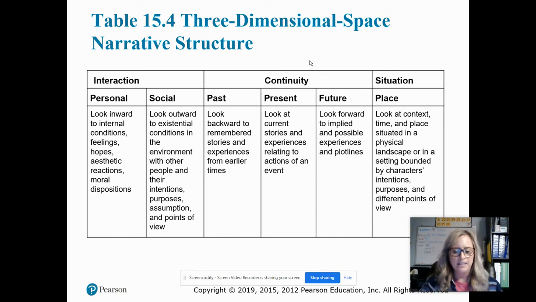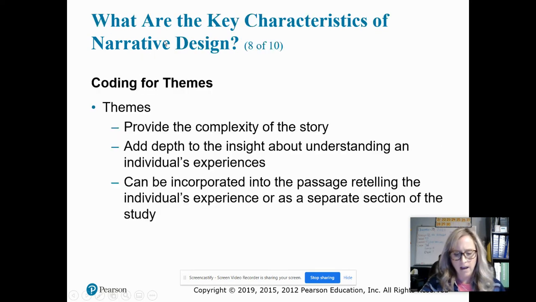It's a little more in depth doing it this way, but I think you could get a lot more rich data out of it, it seems like. And so if we go to the next slide. Okay, so you're familiar with coding, and with qualitative studies, all of them, the data can be segmented into themes. So coding for themes.